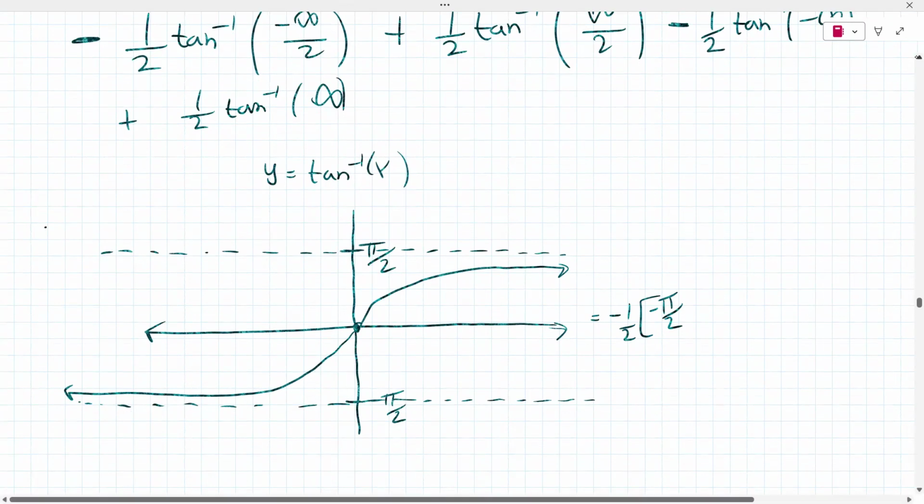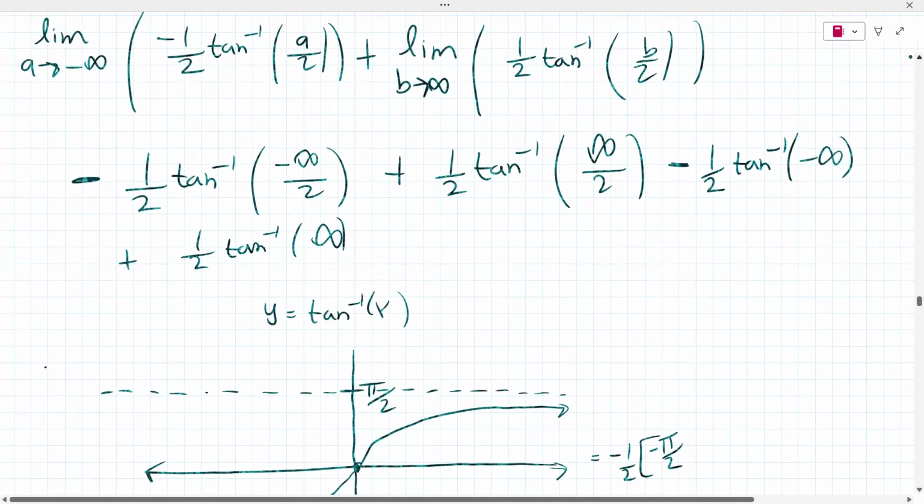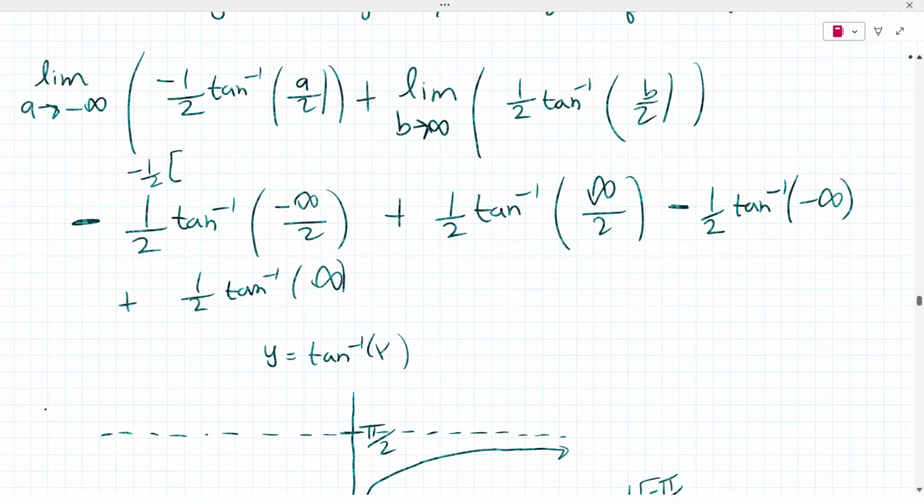And then if you look up here, this is going to be negative 1/2, and the tan inverse of negative infinity is negative pi over 2, plus over here, what's 1/2? That's going to be 1/2.